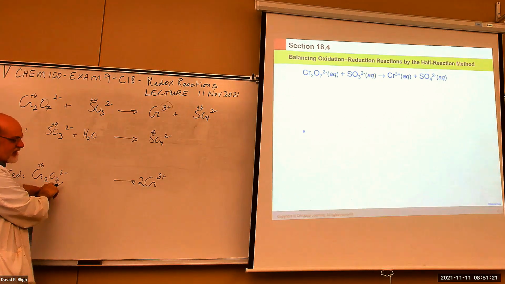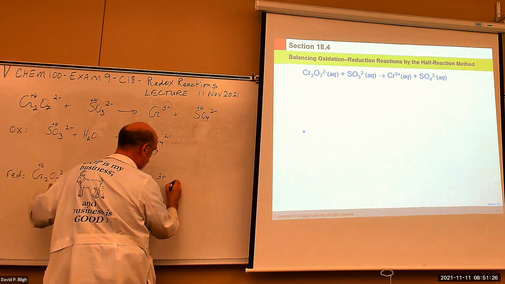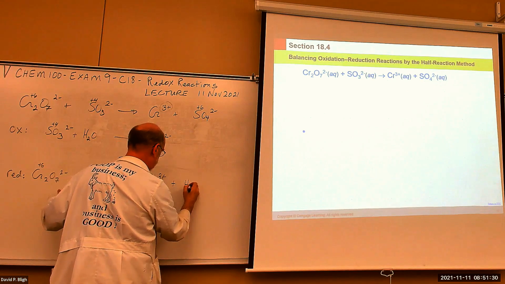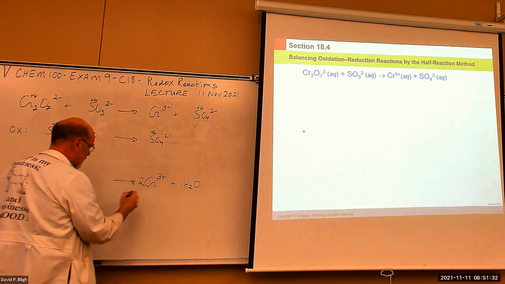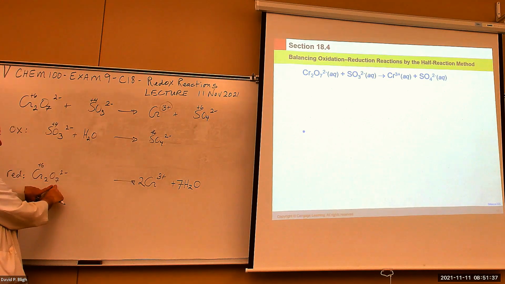We have 7 oxygens here and none on that side. So we need water here, but we need 7 oxygens. Okay.